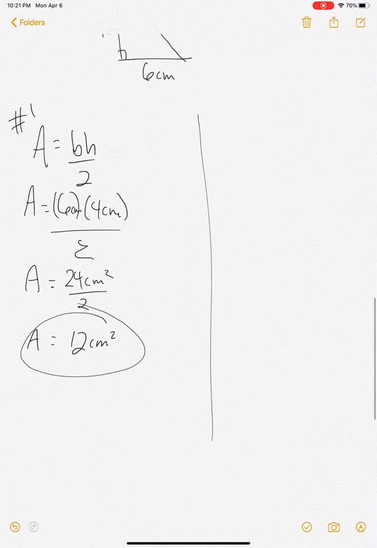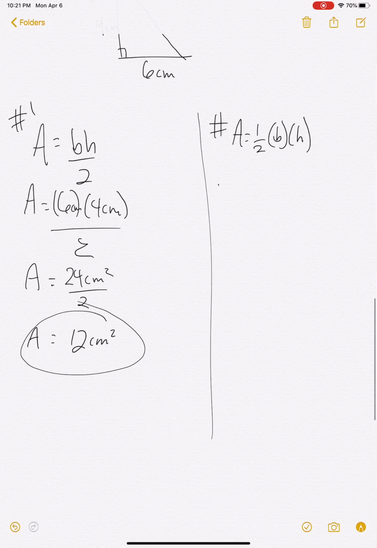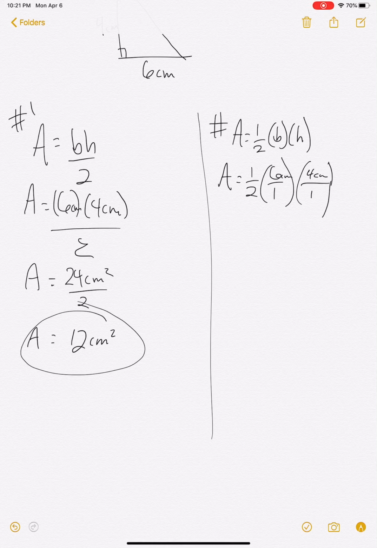So I'm going to use formula number 2 to show you that it's going to get you the exact same answer. So area is going to be 1/2 times our base and also our height. And then we're going to plug in the numbers. So area is equal to 1/2 times what's our base. Our base is 6 centimeters over 1. And then our height, which is 4 centimeters, and we're going to throw that over 1 as well.